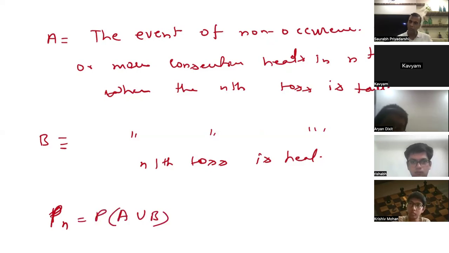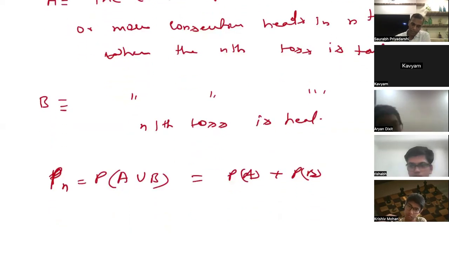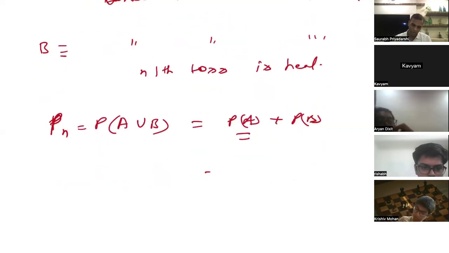Right, probability of A union B. So this is P(A) plus P(B) minus P(A intersection B), which is nothing here, since it either ended with head or tail. So this is P(A) or P(B). Ending with A, what is the meaning of this?